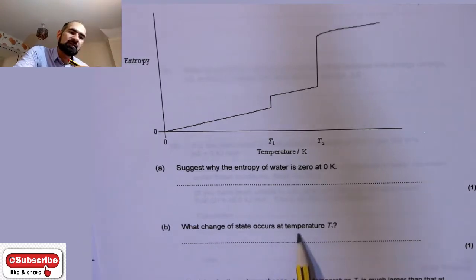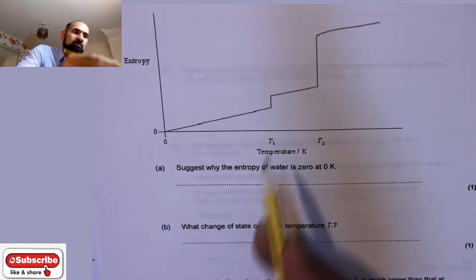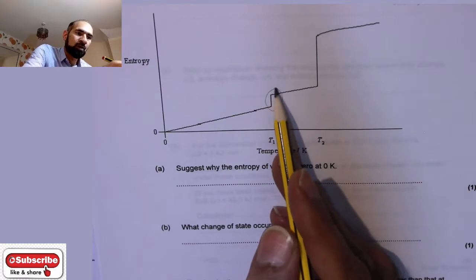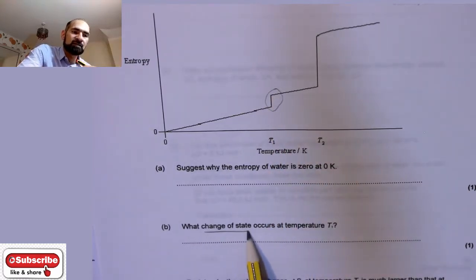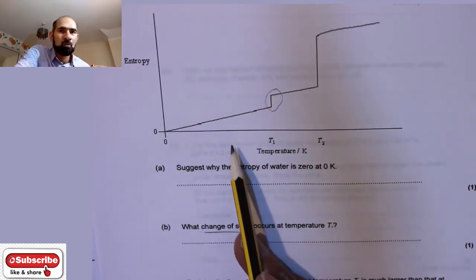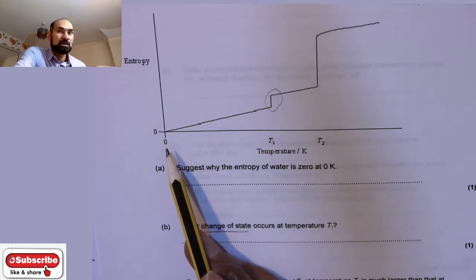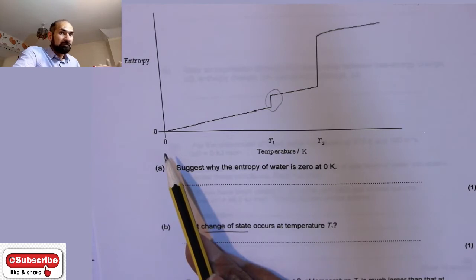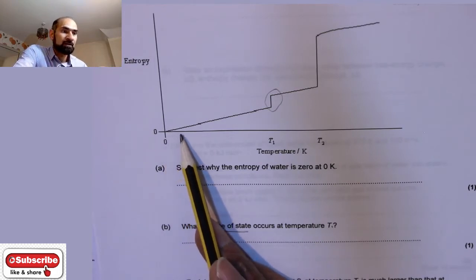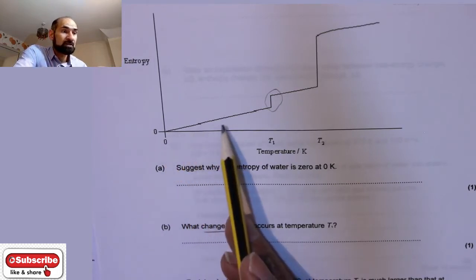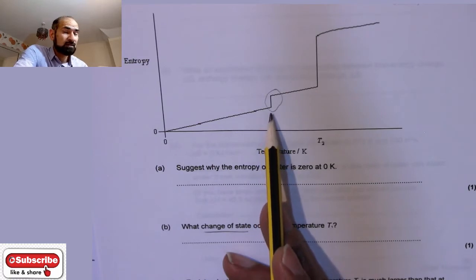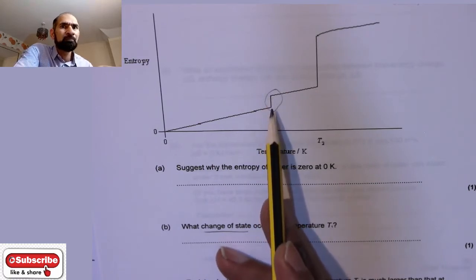What change of state occurs at temperature T1? Remember, this is about water. Obviously at absolute 0, that's like -273, it'll be frozen. So think about what's happening. As you increase the temperature, still frozen, and suddenly there's a slight increase, a jump in disorder.